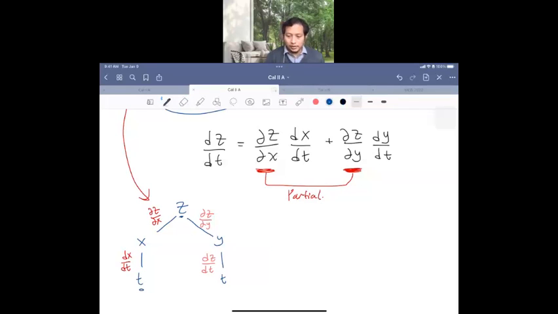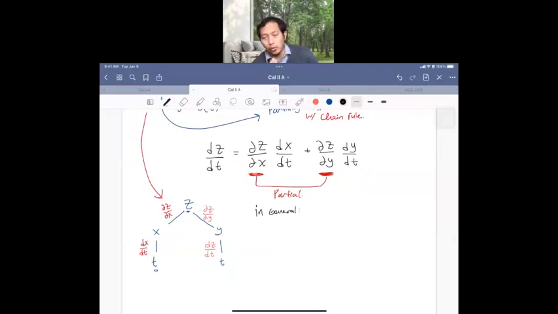So in more general terms, if you have more than 2, 3, 4, or maybe 7 variables, we can still do this chain rule. We can do this approach.